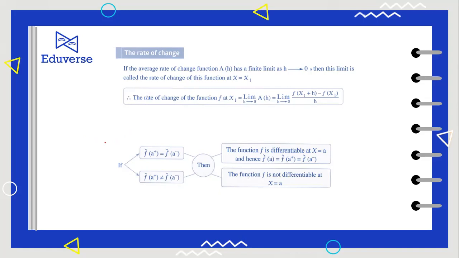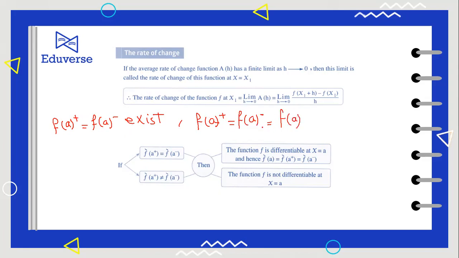How will it exist? If f of a positive equals f of a negative. If they are equal, from less than the number or greater than the number, then the limit exists. Secondly, continuous. When f of a positive equals f of a negative equals f of a.